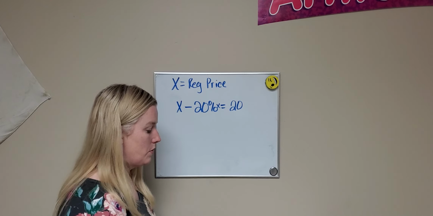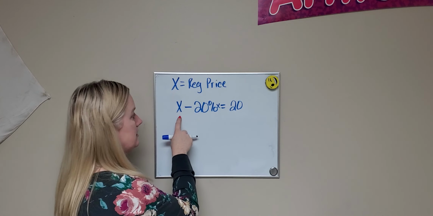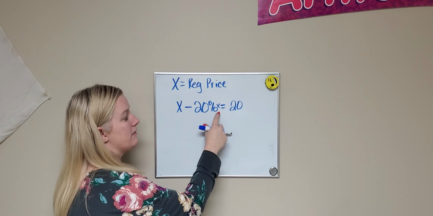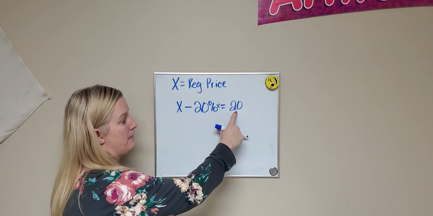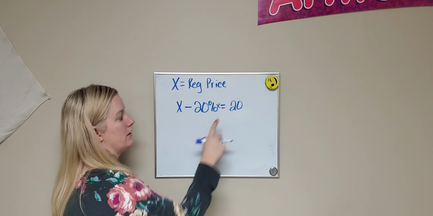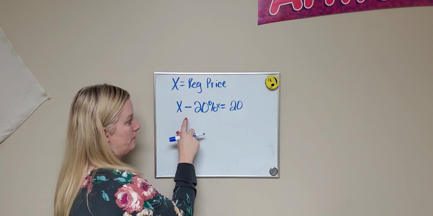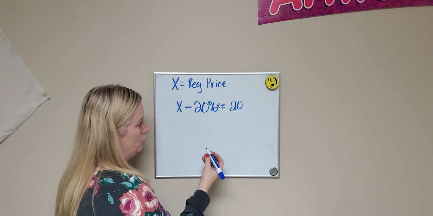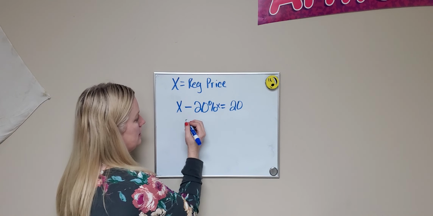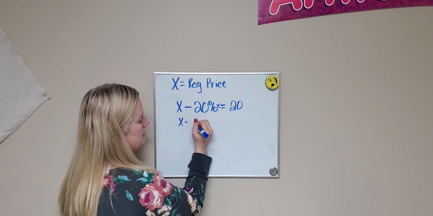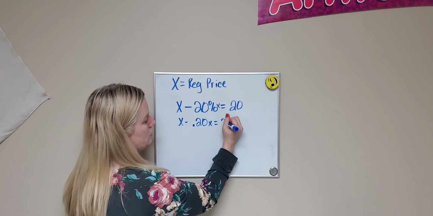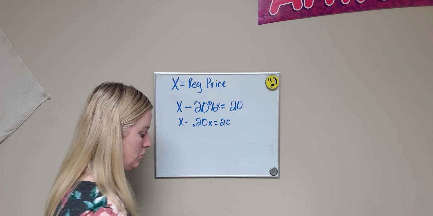Okay, so X is my regular price. 20% of X is what was taken off, leaving what I paid, which was $20. So I'm going to change this percent to a decimal because I don't want to deal with percents. So I have X minus 0.20 X equals 20.